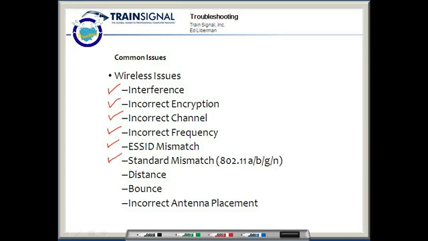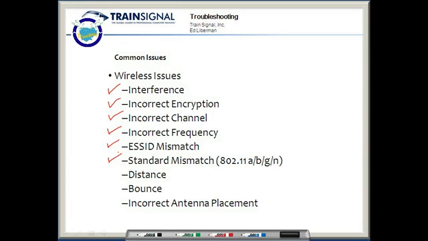Now we have our standard mismatches, which is just plain and simple. Maybe you have your wireless access point supporting 802.11g and you have your client set up to use 802.11b. Now again, this is not a typical issue these days because most devices end up being backward compatible, so they support their current level and all previous levels.